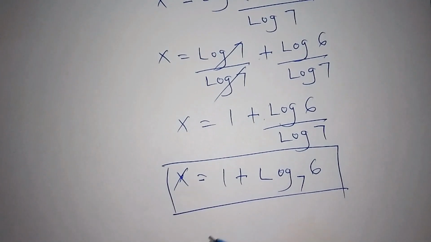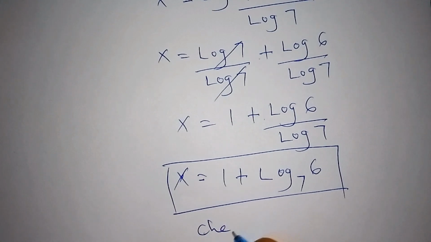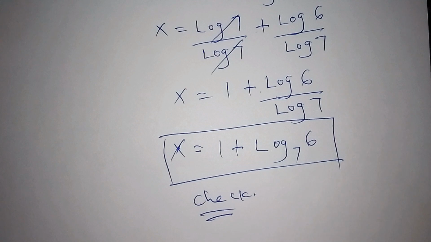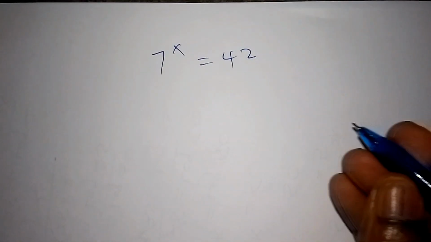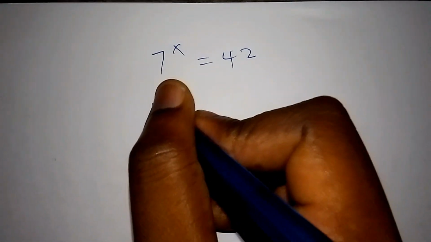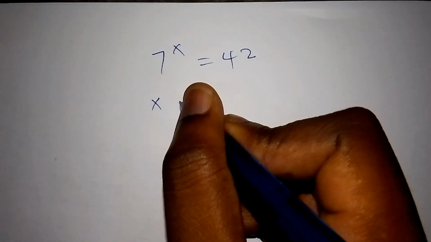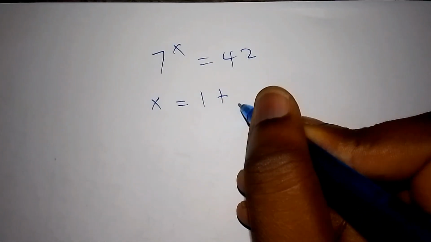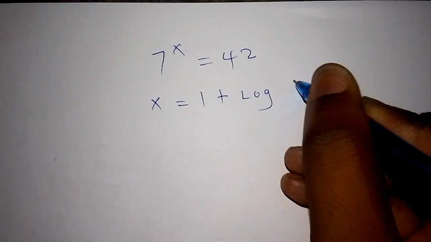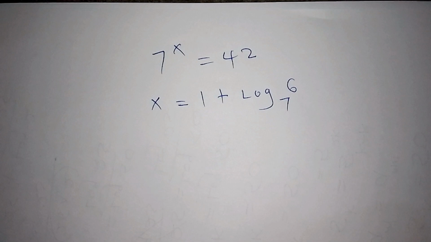Now we shall check, to confirm if that is really true. We had 7 to the power of x is equal to 42, and the value we got for x is 1 plus the log of 6 to base 7.